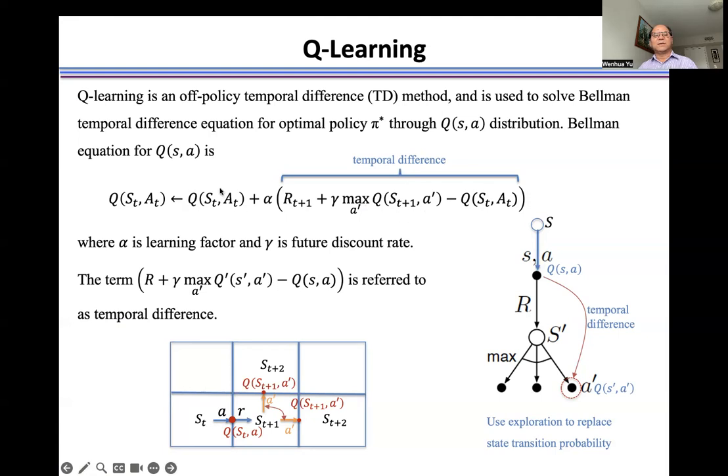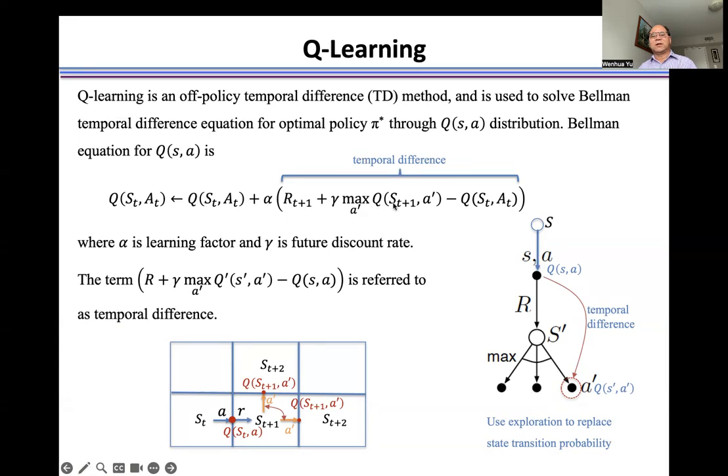The first term is the last value, or we can call it the current value. We update the new value through this temporal difference. In the temporal difference, this is the learning rate, this is the future discount rate, and this is the reward from the environment.